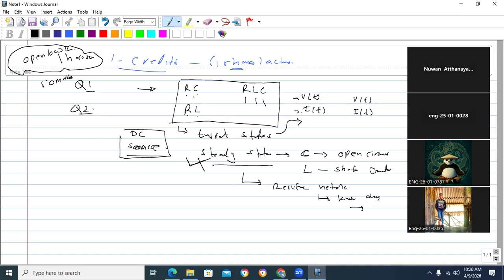If you want to analyze the circuit at the transient state, you need to know this voltage and current relationship. I think you can remember that.